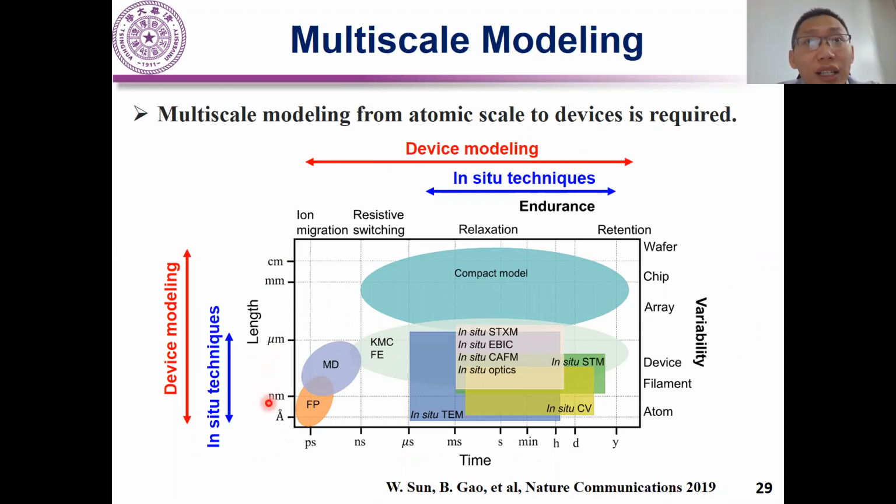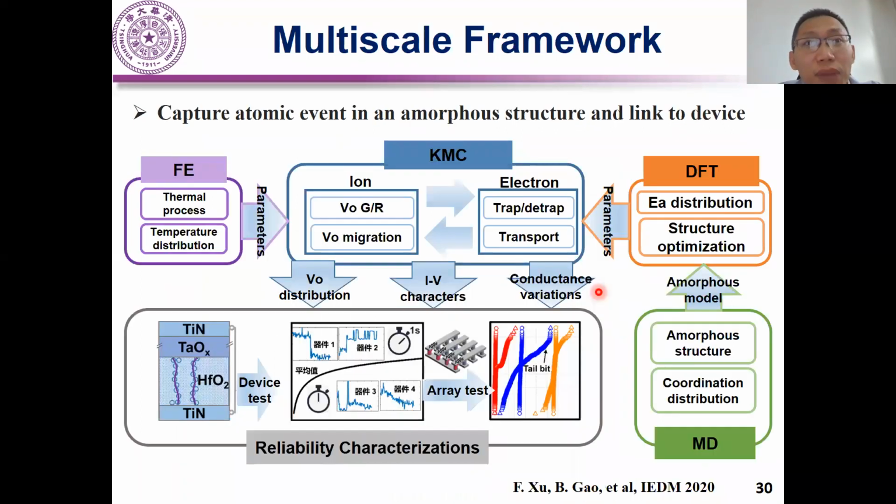In other words, we need to link the atomic event on the picosecond and the angstrom scale to the device behavior on the seconds and the micrometer scale, and to the array reliability on the years scale. Another challenge is that many reliability issues are correlated with amorphous effect, but many modeling works only treated the switching layer as a crystalline material.